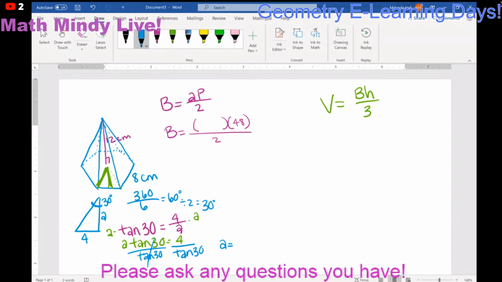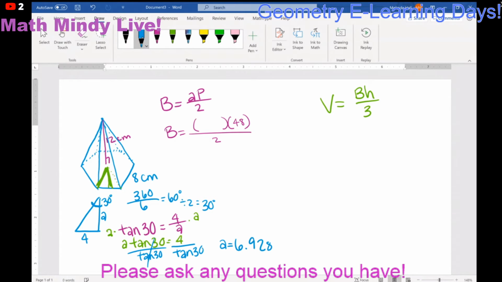But when you do that, you're going to have to pull out your handy dandy calculator, and my handy dandy calculator is not nearby me right now. So give me uno momento. But 4 divided by tangent of 30 would give us an apothem of 6.928.